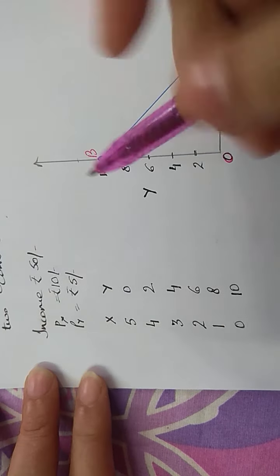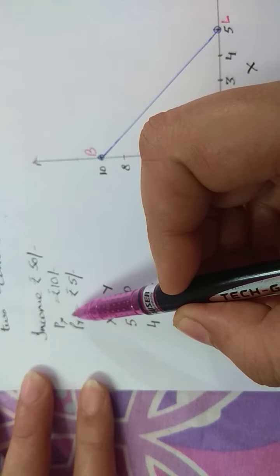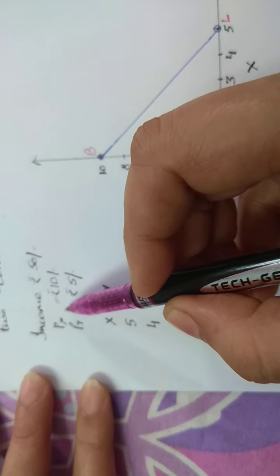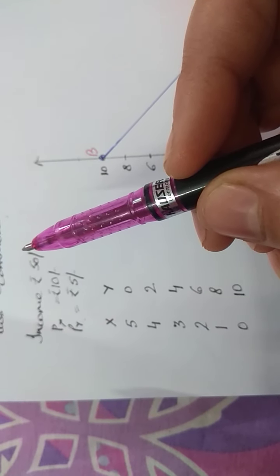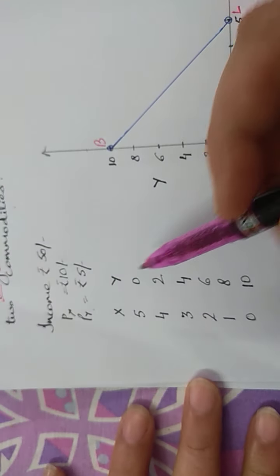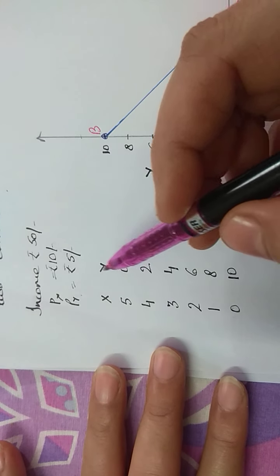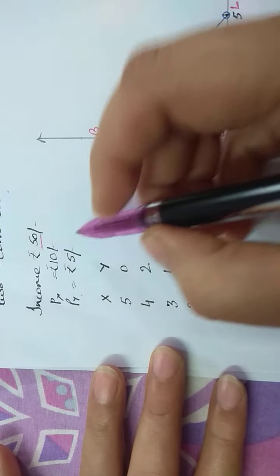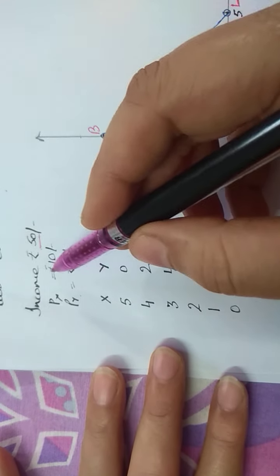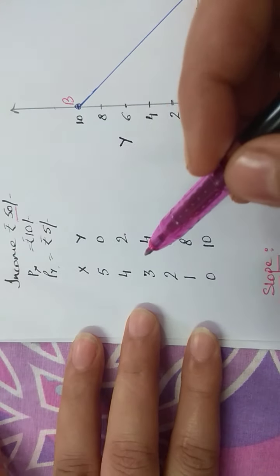Take for example here. If the income of the consumer is 50 and there are two commodities X and Y, the price of X is rupees 10 and the price of Y is rupees 5. Now, there can be different combinations of X and Y that a consumer can purchase with this income. He has got different options.